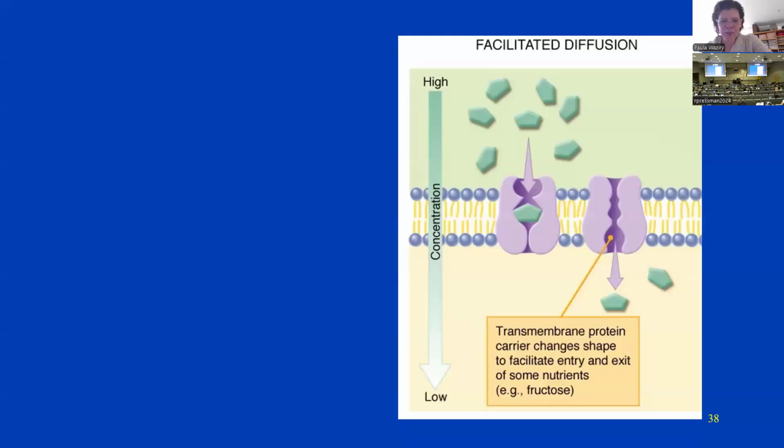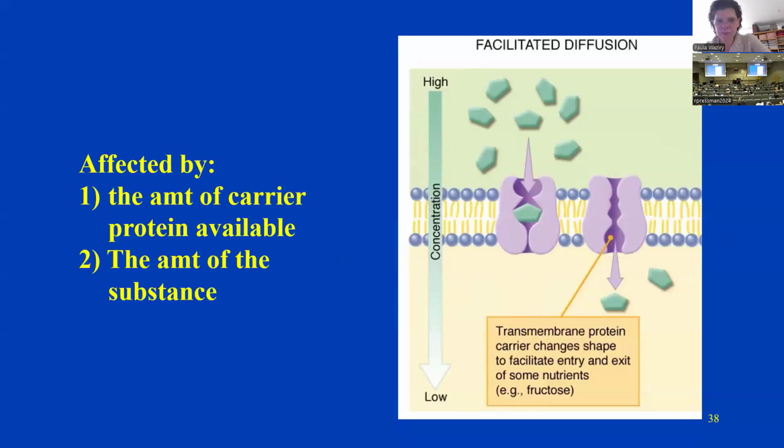All right, so here again, when you go through facilitated diffusion, right? Still following the rules of diffusion, right? So we're going to go from high concentration to low concentration, but you need a protein for that. Okay, you need a channel for that. Okay, what is going to affect this rate of transport? You are going to have the protein. So the number of proteins that are embedded on that membrane are going to interfere with the rate of diffusion.